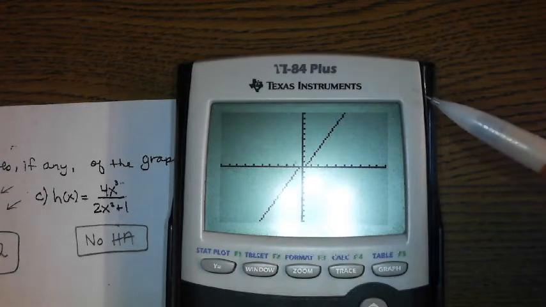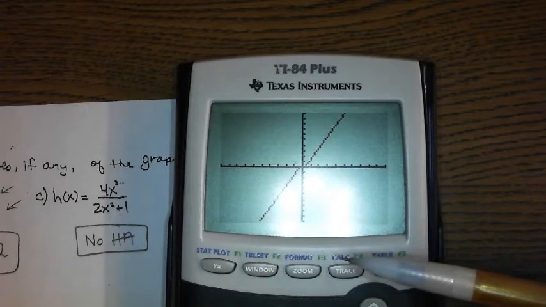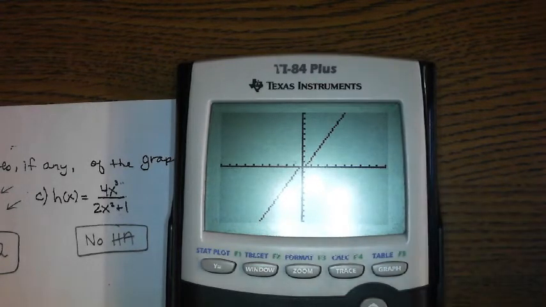So we don't have one. Instead, our end behavior is more polynomial-ish, where it will go towards infinity or negative infinity if you don't have a horizontal asymptote. Does this make sense? Yes.